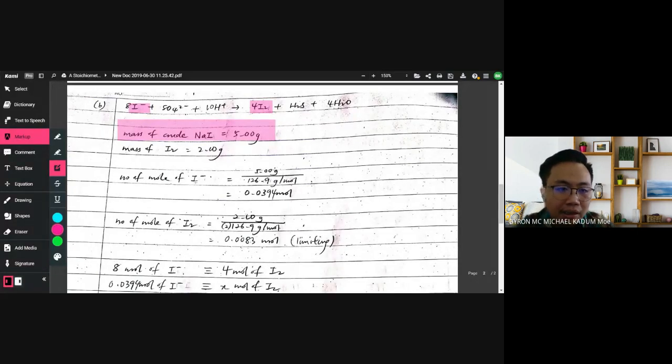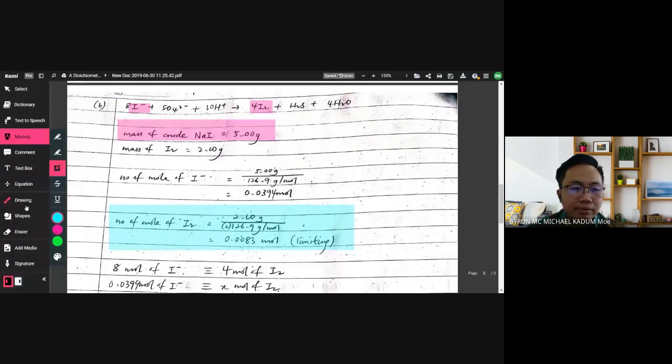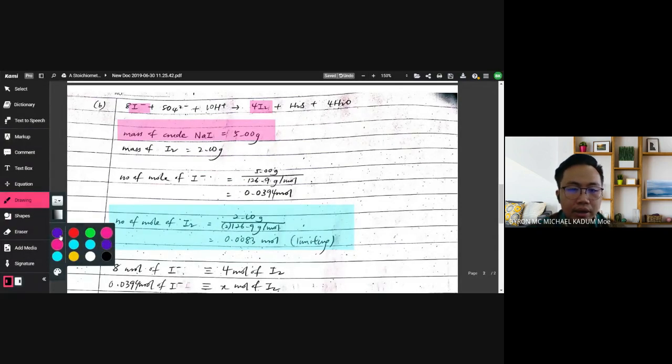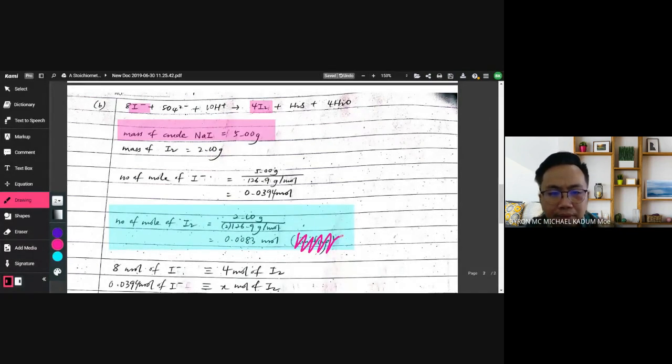Tapi yang penting kita tengok yang ini. Dia cari number of mole of I2. Yang limiting ni pun kamu abaikan dulu. Yang limiting ini abaikan dulu perkataan ini. Tidak perlu risau pasal limiting tu. Okay, abaikan dulu ini perkataan limiting.